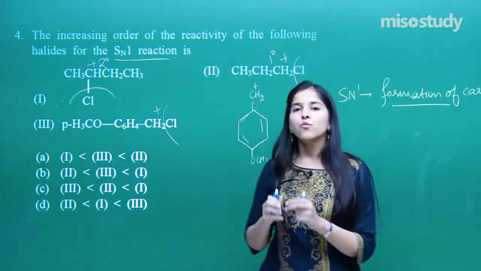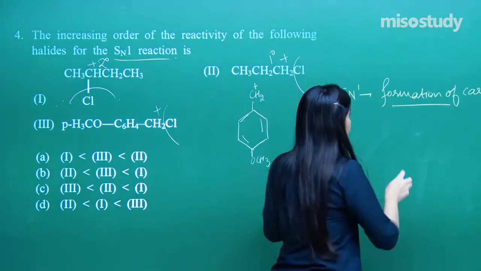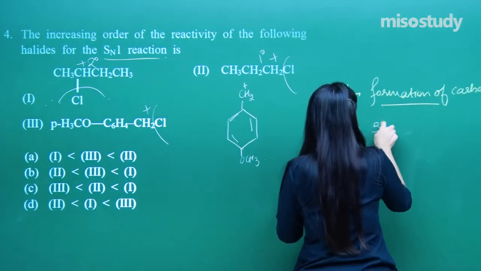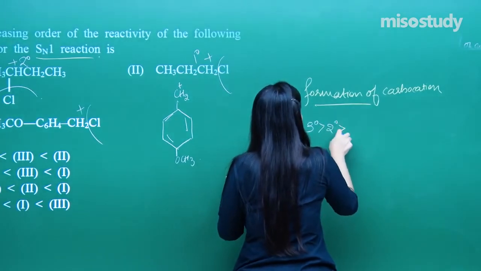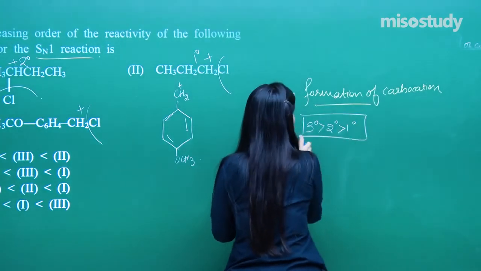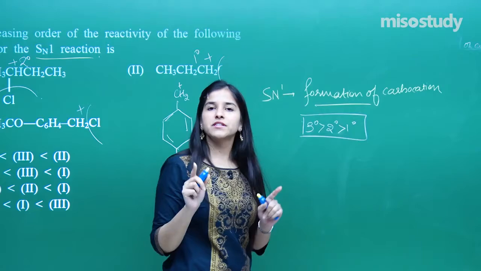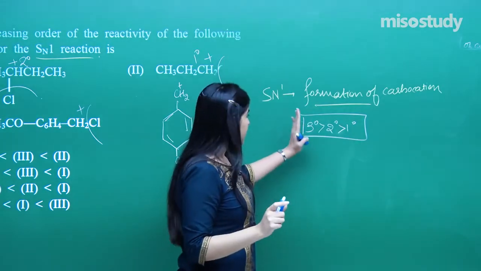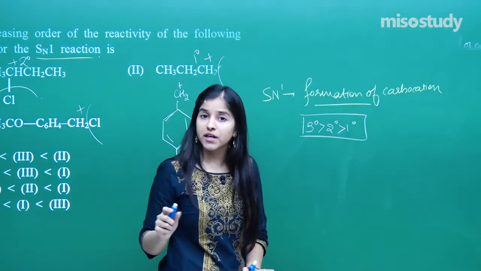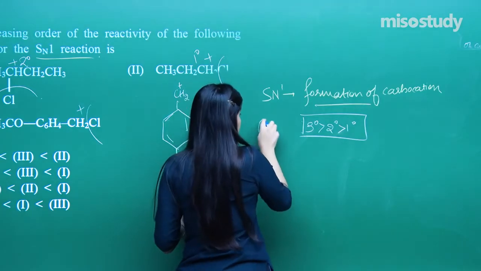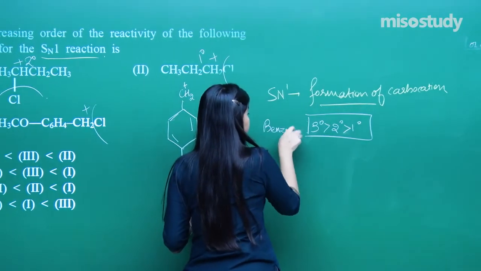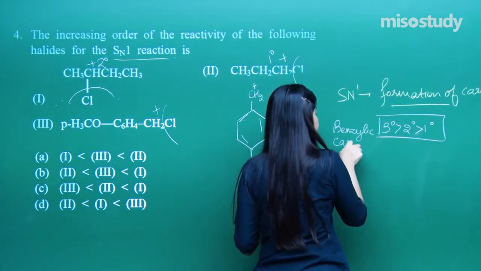As we all know, what is the order for stability? Carbocation order: tertiary followed by secondary followed by primary. That is what we have. And as I told you in my sessions, if you have followed, even more stable than the tertiary is the benzylic carbocation.